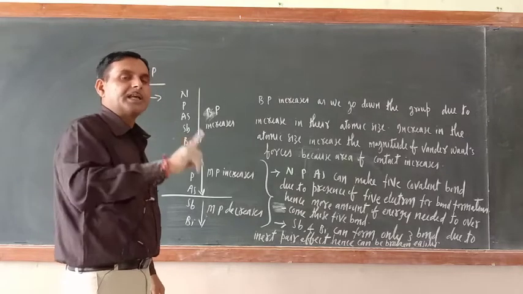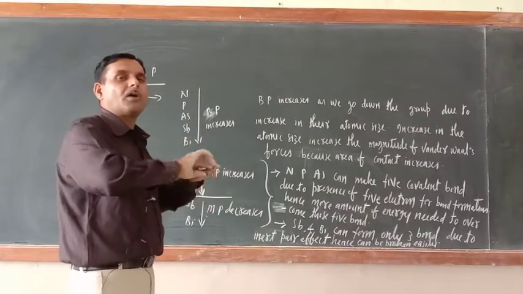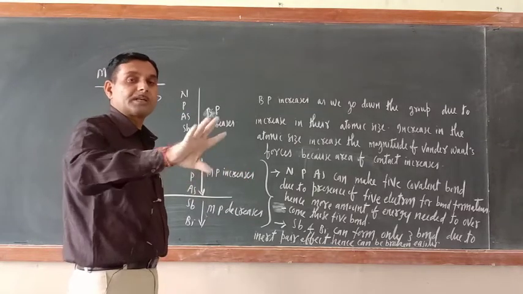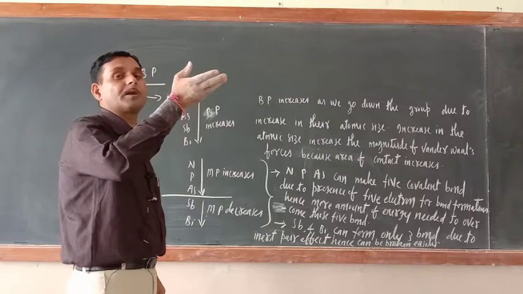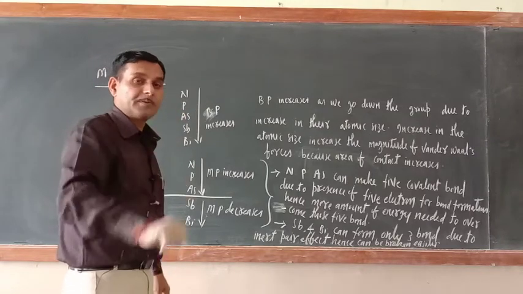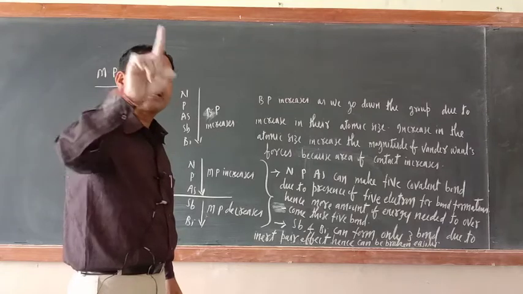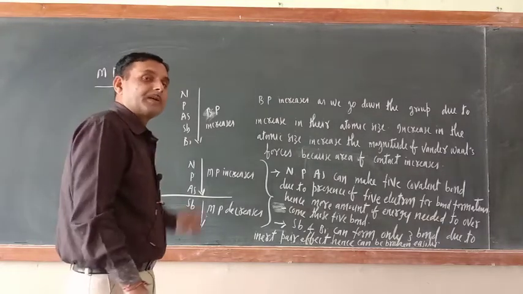Just see. Any liquid can only boil when all its forces of attraction get broken. When forces of attraction get broken, then only it will boil. So we can say that boiling point depends upon interparticle attractive force. What about melting point?